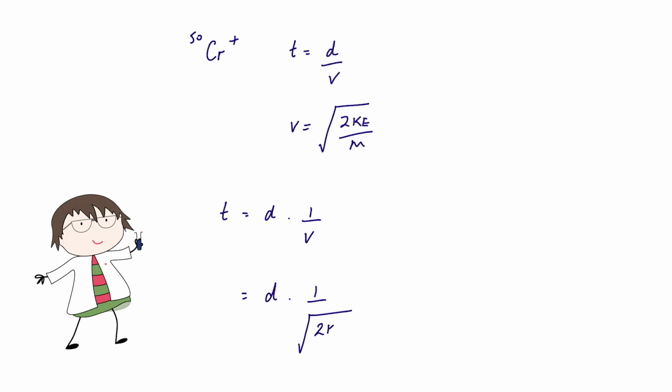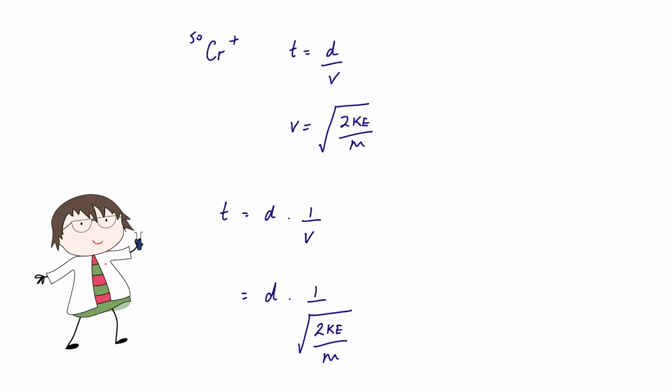Going back to first principles, time equals distance divided by the velocity, and we know that the velocity equals the square root of twice the kinetic energy divided by the mass of a single ion, which means that the time taken for this ion to drift the length of the tube is going to equal the distance times 1 over velocity, or the distance multiplied by 1 over the square root of twice the kinetic energy over the mass.